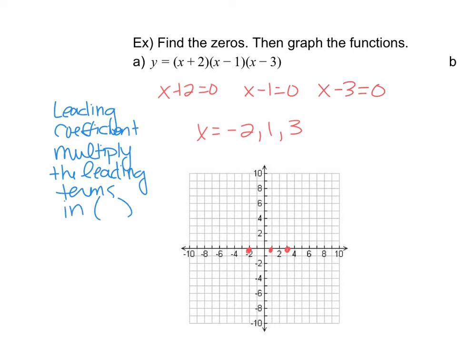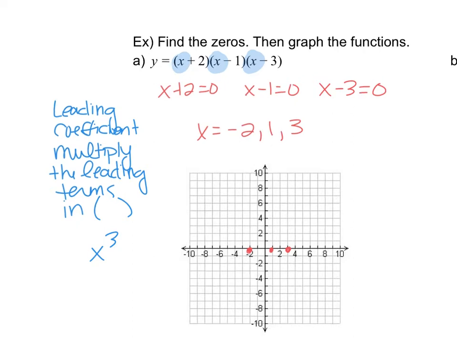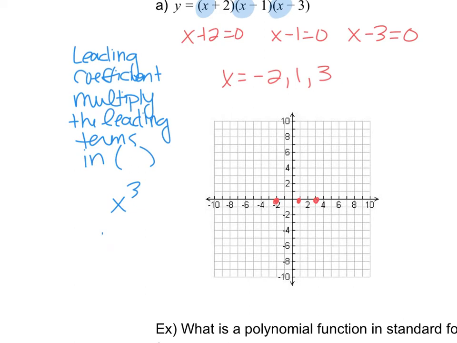In this case, we would multiply x times x times x. So our leading term would be x cubed. Since that is a positive leading coefficient, and it's odd, that would mean it would start down and finish up, if you remember from yesterday's lesson.